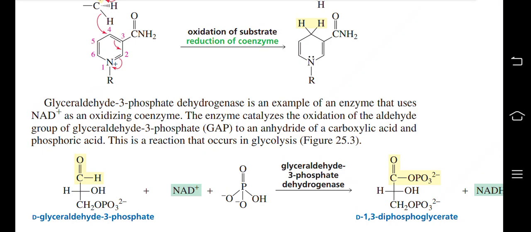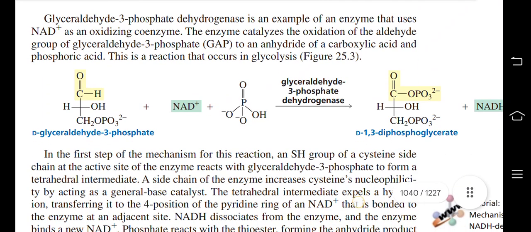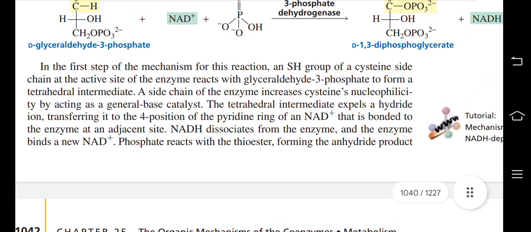This is a reaction that occurs in glycolysis. In the first step of the mechanism for this reaction, an SH group of a cysteine side chain at the active site of the enzyme reacts with glyceraldehyde 3-phosphate to form a tetrahedral intermediate. A side chain of the enzyme increases cysteine's nucleophilicity by acting as a general base catalyst.